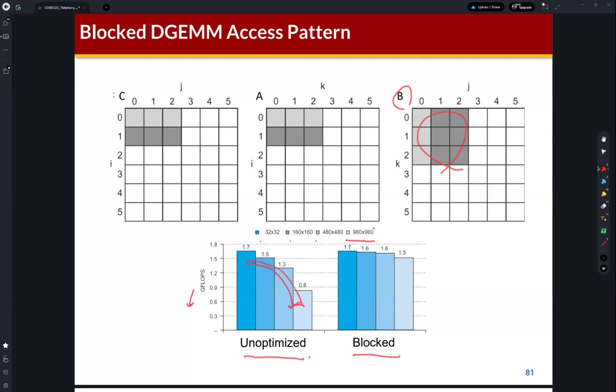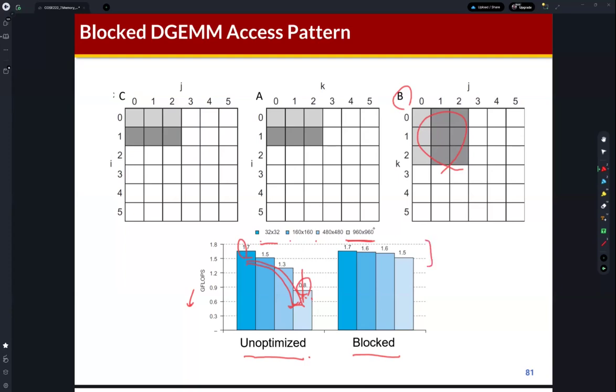Because the hit rate is low, the performance decreases dramatically. If we compare the performance between the 32 by 32 matrix and the 260 by 260 matrix, you can find that the performance is lower than half of the 32 by 32.